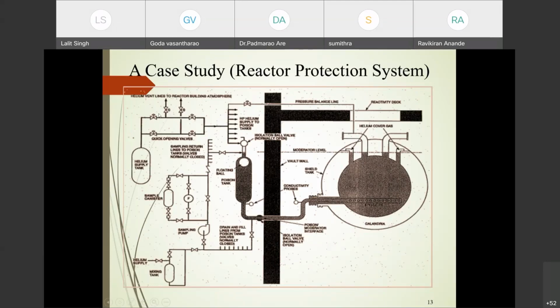There is some leakage in the first valve, and because of this leakage, the helium pressure is passing, and it can malfunction the operation of the second valve, and it may happen that it can pressurize the floating valve.